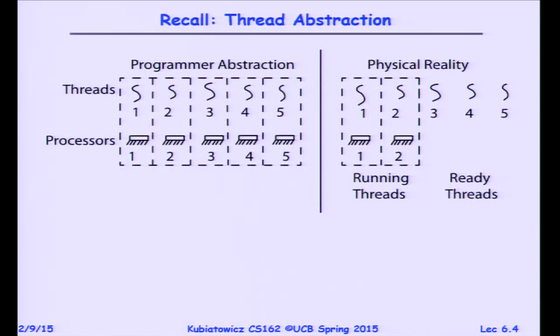The basic abstraction of threads is an interesting one. It's one of our first infinite resource kinds of abstractions. We're going to run into a lot of these over the term, but the idea is the programmer just happily keeps creating threads, and as far as the programmer knows, there are as many processors as you have threads. In reality, of course, there aren't.